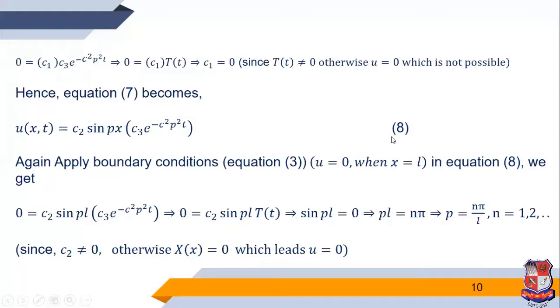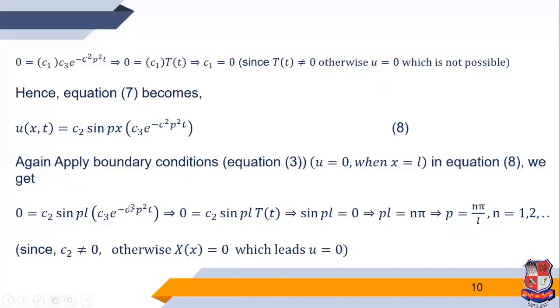Again we apply the other boundary condition, that means equation 3, which is when x is L, the temperature u is 0. So in equation 8 we apply x is L where u is 0. So 0 is equal to c2 sin pL into c3 e raised to minus c square p square t. This term is as it is. So this implies 0 is equal to c2 sin pL.